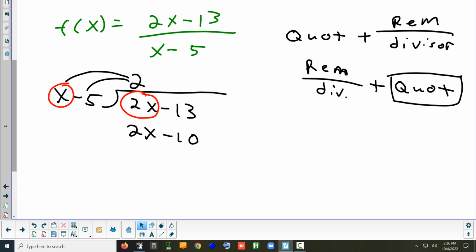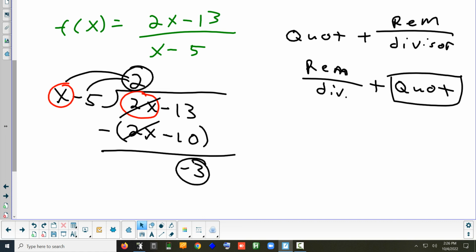Oh, sorry. Tony. Yeah, sorry. Subtract them. Yeah. So 2x minus 2x is gone. Negative 13 minus 10. That's like negative 13 plus 10, which is how much? Negative 3. Here's your quotient. Here's your remainder. Write it just like that.